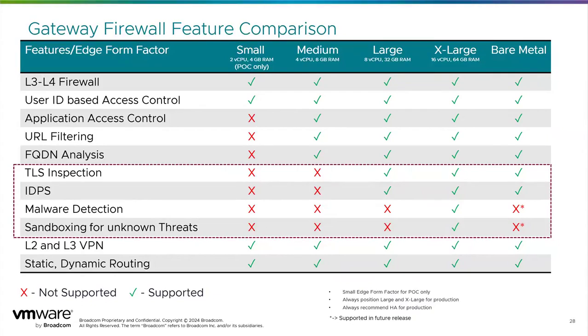However, please keep in mind, the only reason you would need that is for including malware detection or sandboxing for unknown threats. Your basic TLS inspection and IDPS can be consumed within a large form factor.